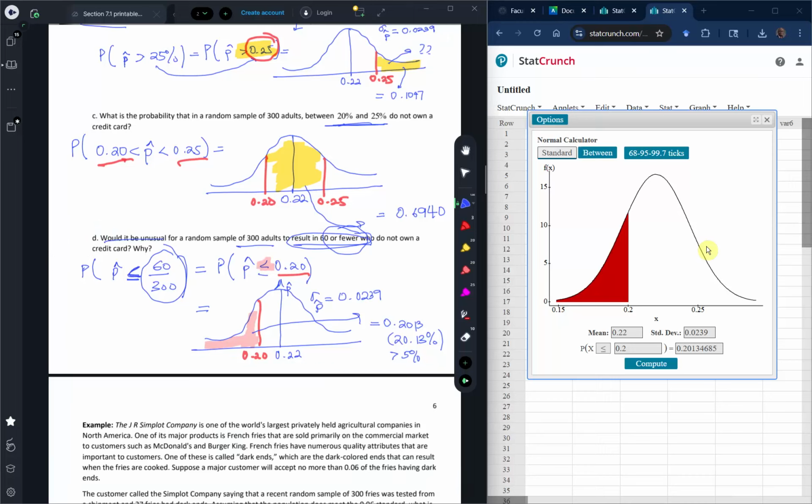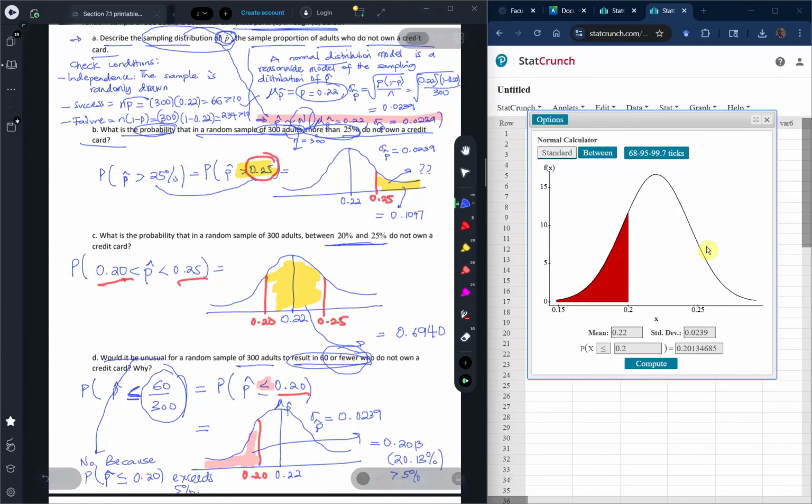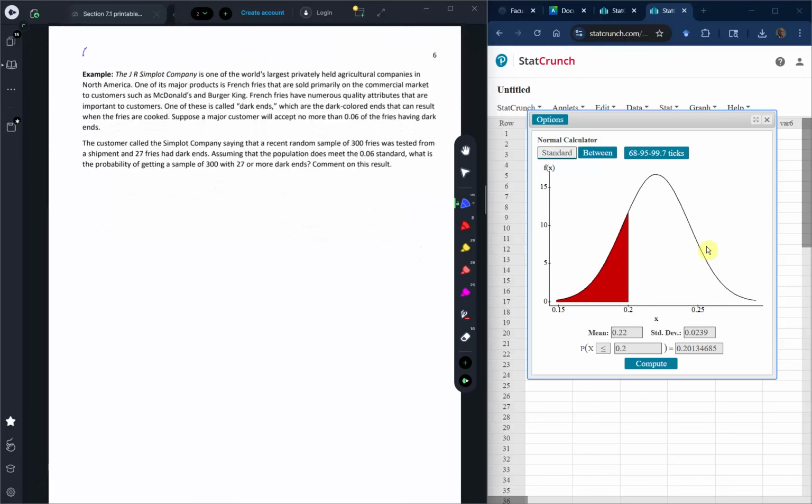The answer would be no, because the probability that P-hat is less than 0.20 exceeds 5%. All right. With that said, in the next video, we are going to look at some application problems and see how this can be used to answer real life problems.